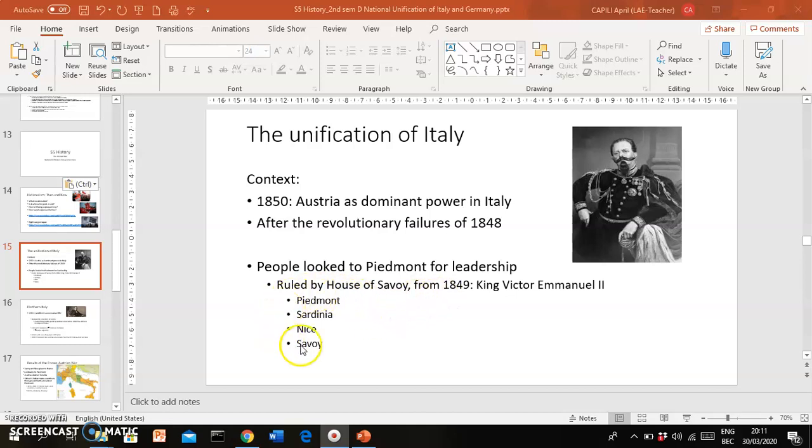So they were in control of these territories: Piedmont, Sardinia, Nice, and Savoy. So here's Victor Emmanuel II, pictured here with his elegant looking mustache and long goatee. I'm sure there are names for those types of facial hair.